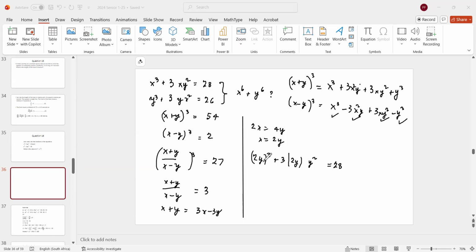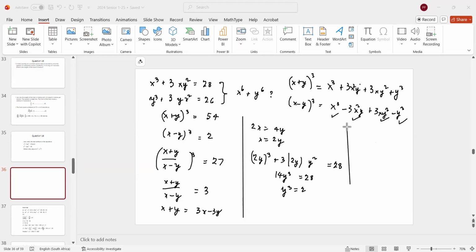So this gives you 8y cubed plus 6y cubed, so this works out to 14y cubed equals 28. And that gives you y cubed equals 2. Works out nicely, 14y cubed, so no difficult looking fractions.